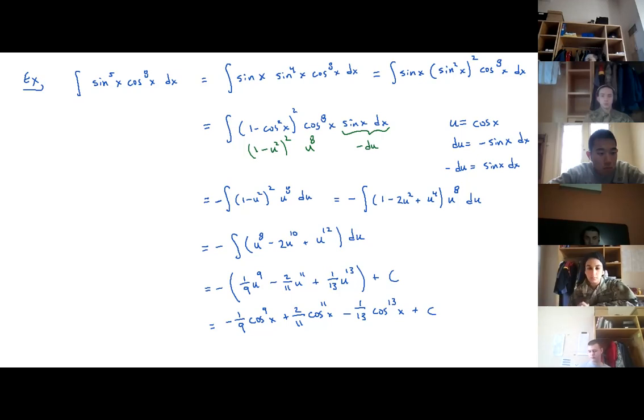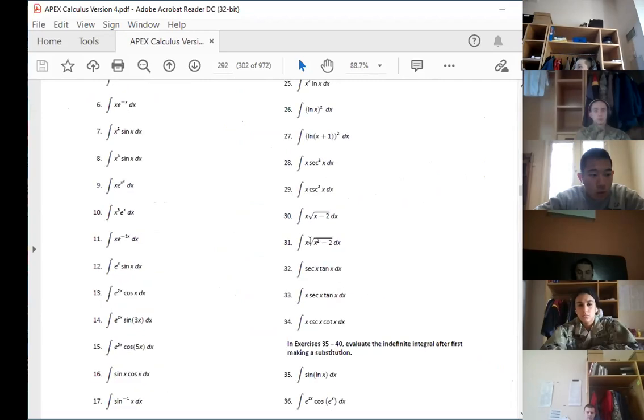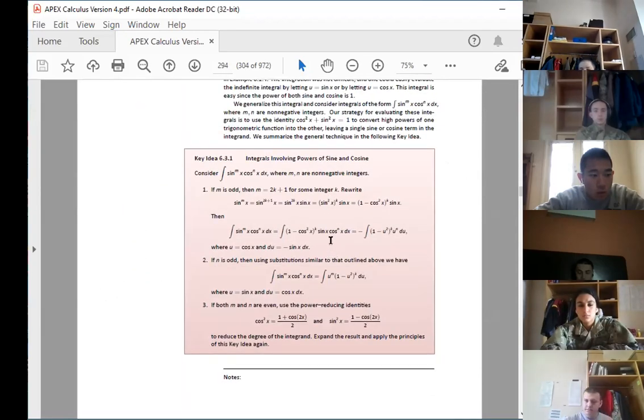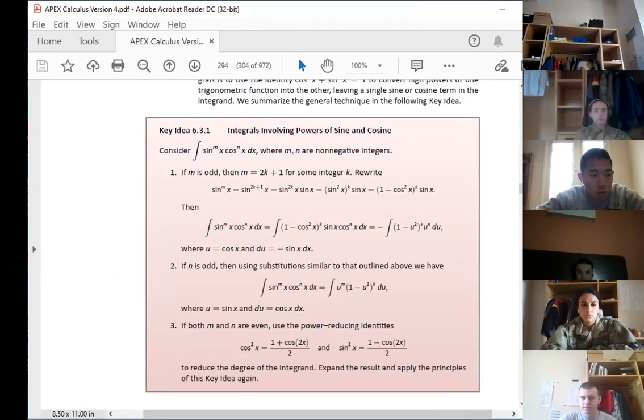All right. There is another kind of thing. Well, I can show you real quick in the book. In the book, there is this big key idea, which is super daunting.